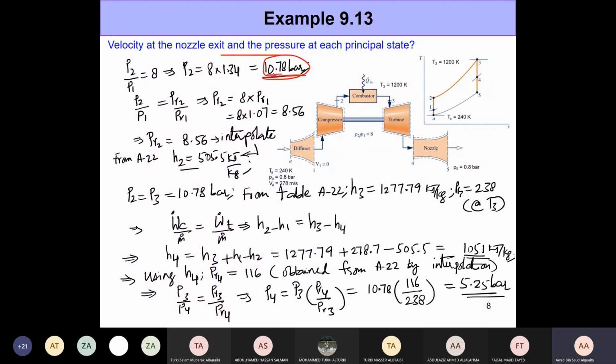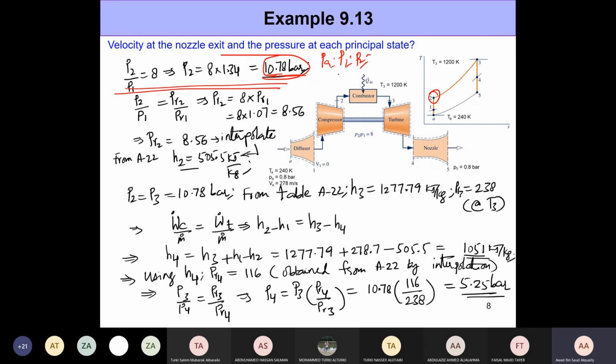As you can see, this is where the main pressure rise occurs. Of course, the diffuser also helps a little bit in the sense that it takes care of a bit of the pressure rise that we need to reach P2, the combustor pressure. So P2 is done. Before we talk about the other stuff, let's talk about the pressures for now. We have PA, we have P1, we have P2.